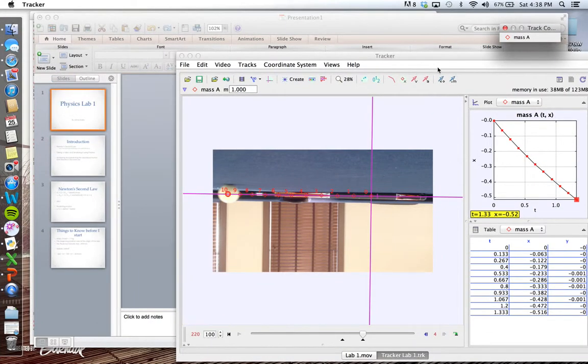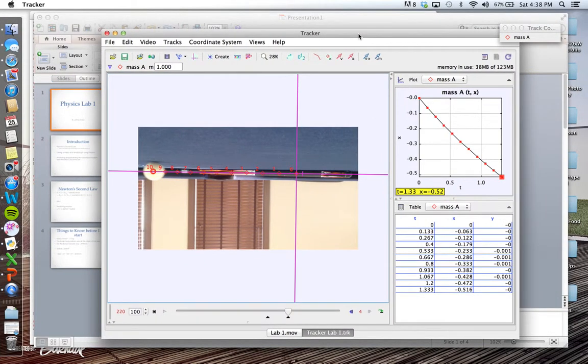Here's Tracker, and this is my video. I went out into the world and video recorded a billiards ball in order to display Newton's second law. Here's the video. As you can see, every frame it jumps, I leave a point of mass where the ball is along my axes.